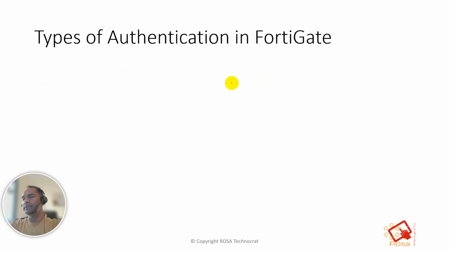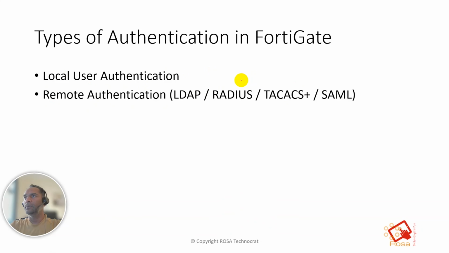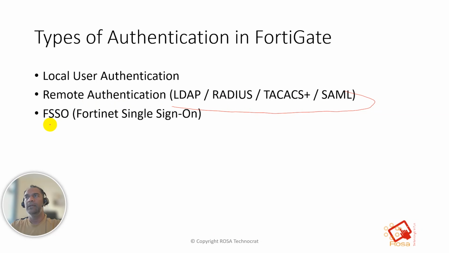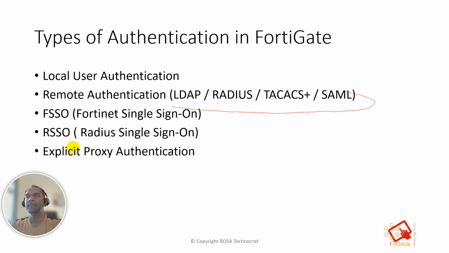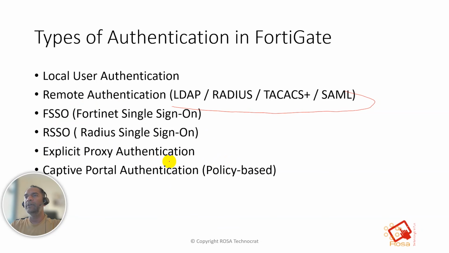Types of authentication in FortiGate. There are different types of authentication that can authenticate a user. One is local user authentication, and another is remote authentication. Remote authentication can be LDAP, RADIUS, TACACS, or SAML. We can have Fortinet single sign-on, RADIUS single sign-on, explicit proxy authentication, and captive portal authentication.